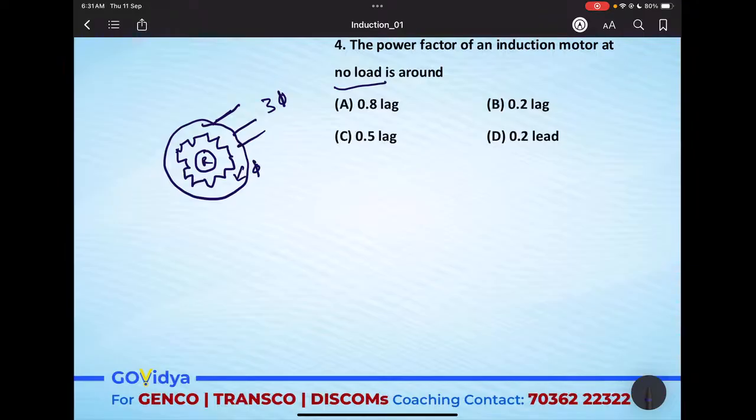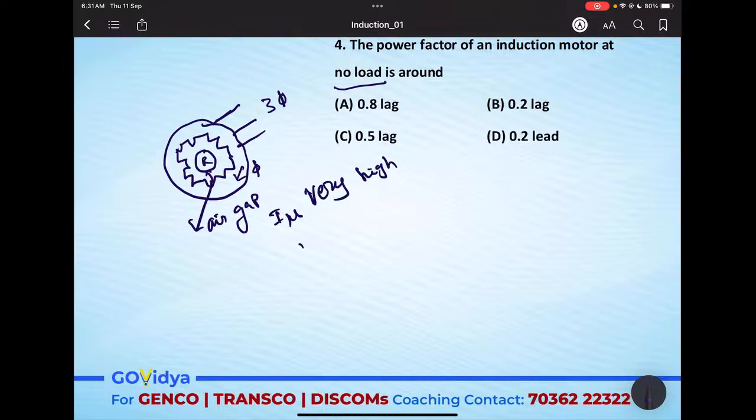If you see here, whatever electrical supply we are giving to the stator, this is not directly transferring to the rotor. In between, an air gap is there. Whenever the air gap is more, the I mu will be very high.